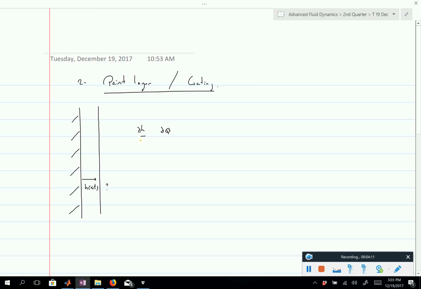But you essentially have your mass conservation equation. I'm going to write directly the lubrication version of the mass conservation equation. Now, in this case, a priori, do we have a steady state? A priori, we don't have a steady state.